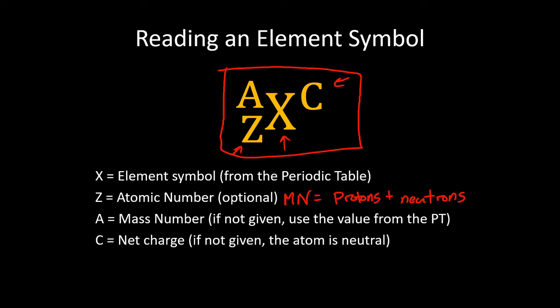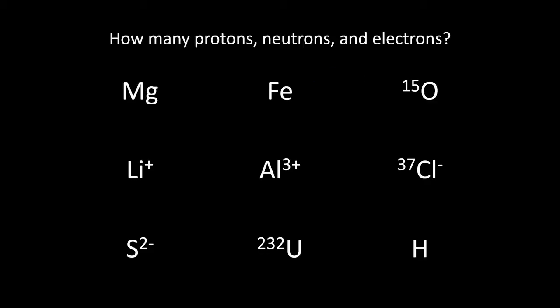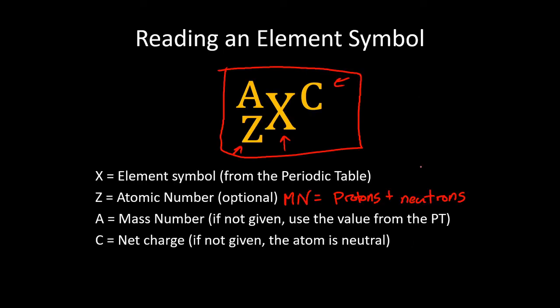So if you have carbon 12, for example, that is telling us that the protons and neutrons added together is equal to 12.